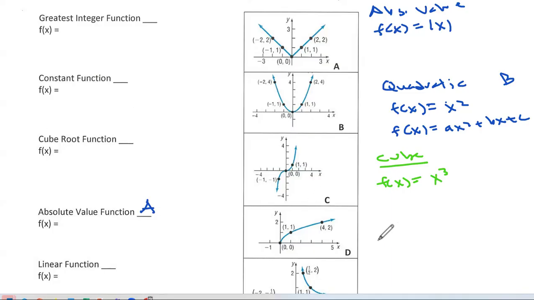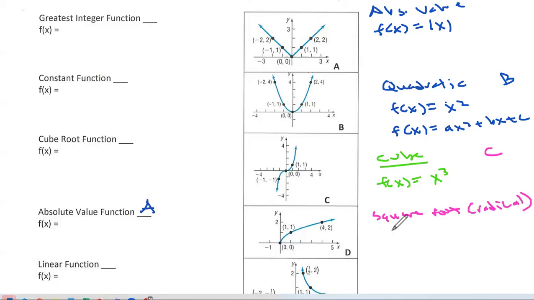The next one here, so for that cube function, that would have been C, if you're following this handout. The next one here, hopefully you're familiar with that one. That is the square root function, or radical.